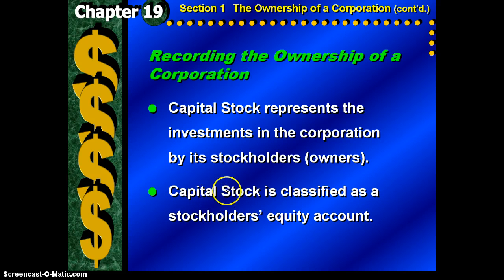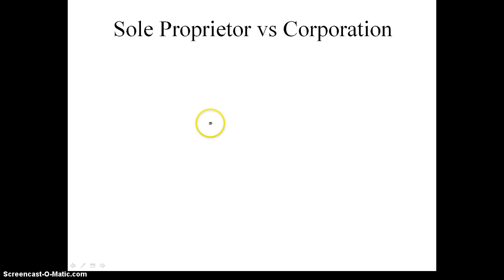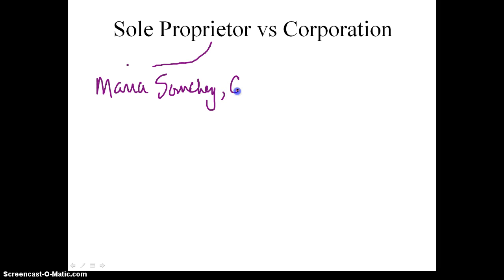Okay. So let's just take a look from your experience in Accounting 1. You established the sole proprietor. You would write down Maria Sanchez Capital as your account. Okay, so let's do that. So let's put in here Maria Sanchez Capital.